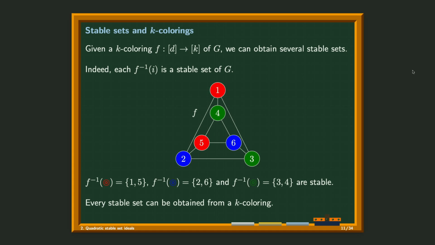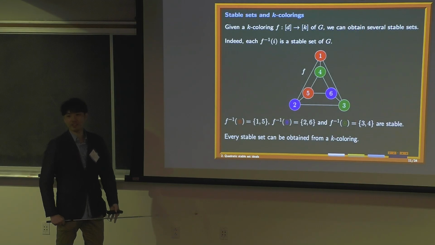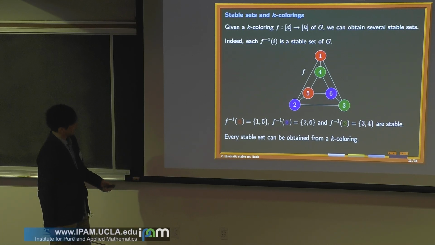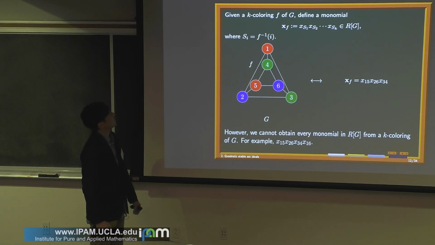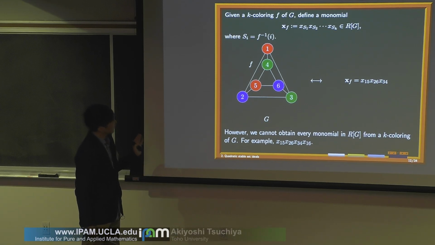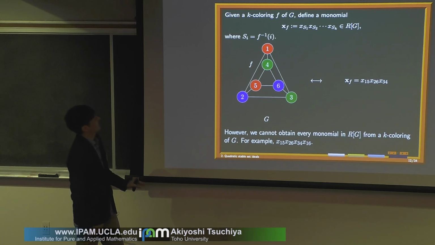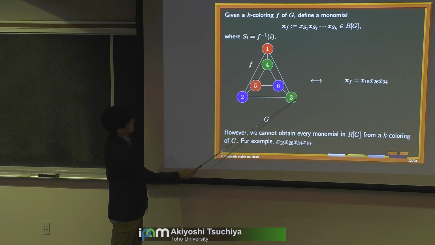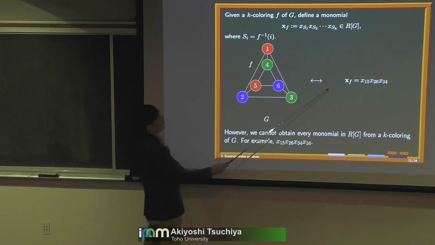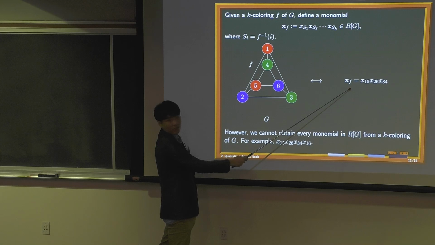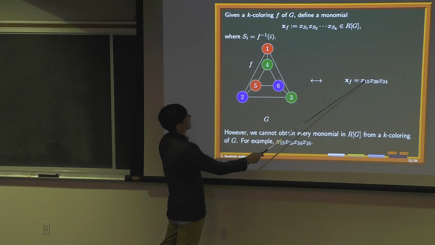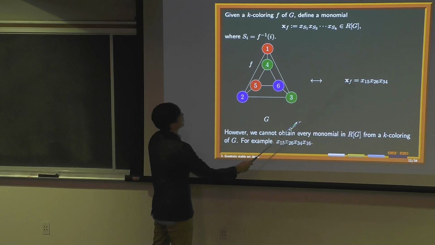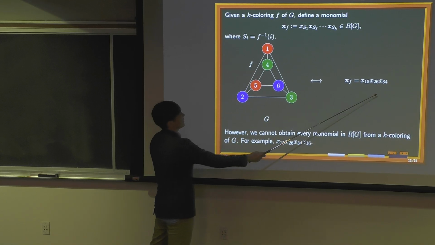And every stable set can be obtained from some k-coloring. From this correspondence, we can get some monomial in R_G like this. For example, for these three colorings, we get a monomial which is a product of variables associated to the vertex set of each color.